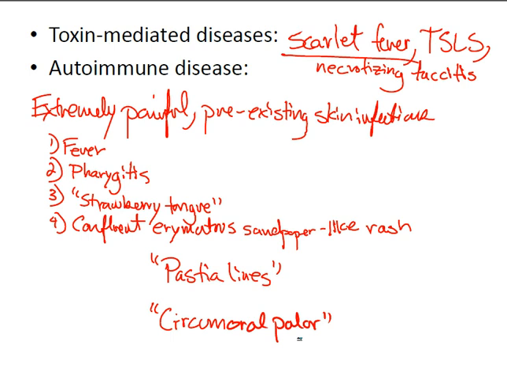So the toxin associated with necrotizing fasciitis was SPEB. Very good.